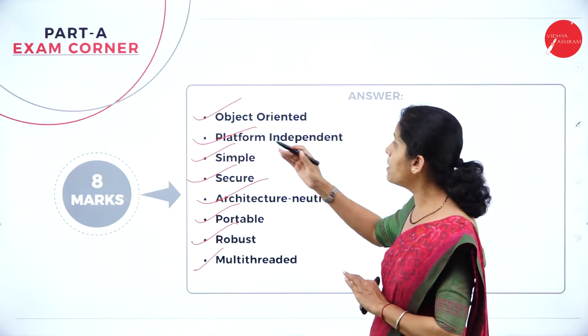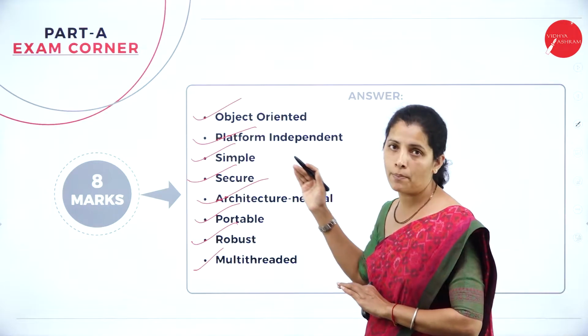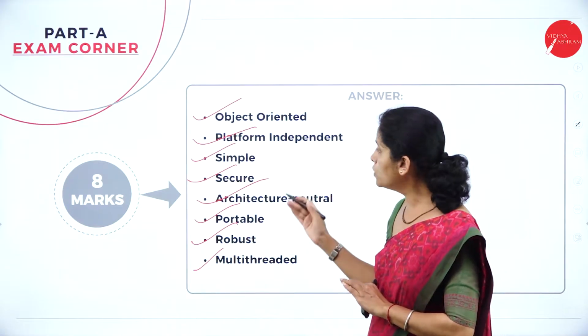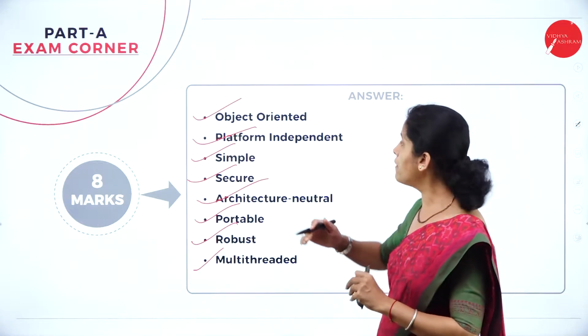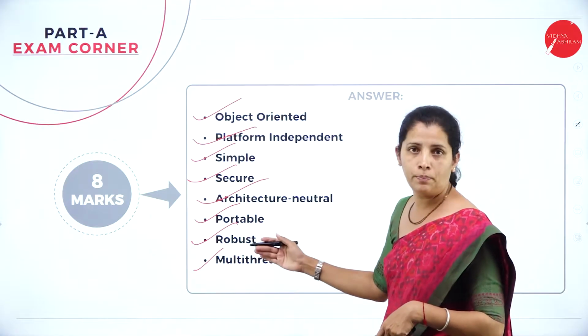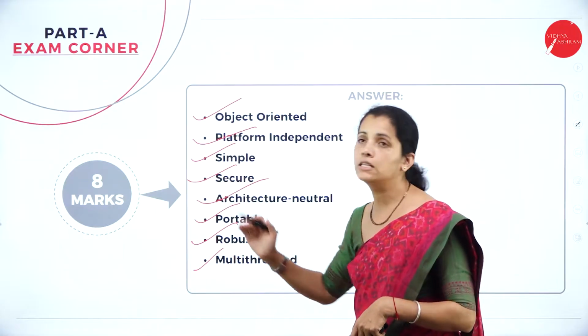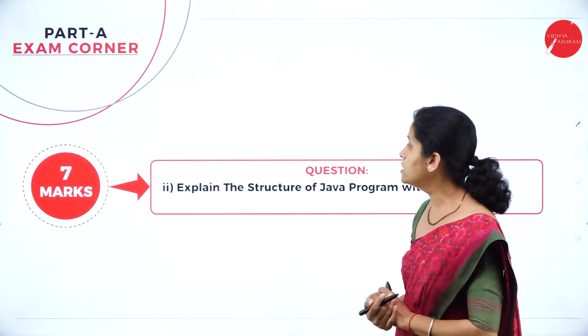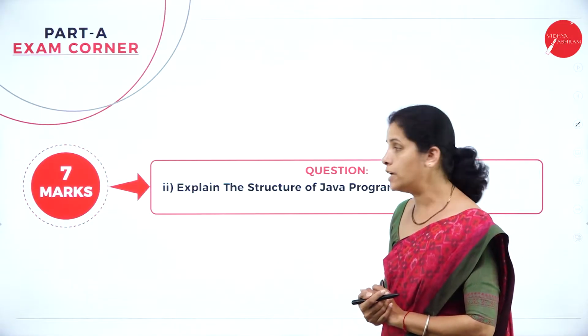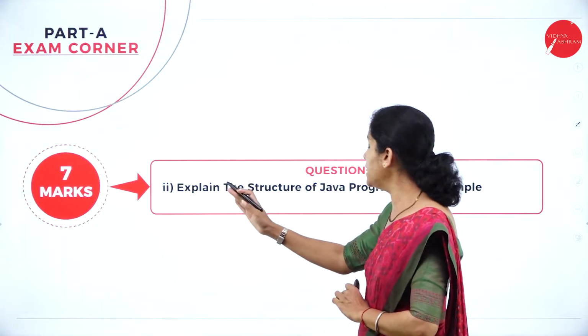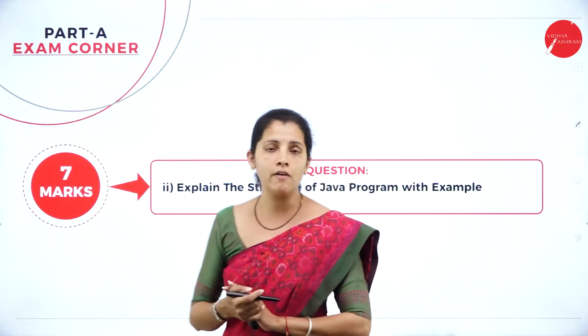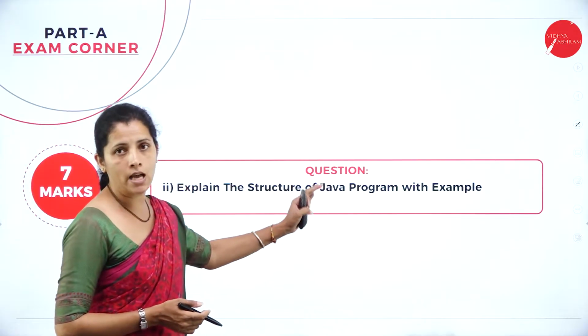So these are some of the features of Java programming. So dear student, first you have to list all the points, then you have to elaborate it because it carries 8 marks. Now dear student, I can expect a second question, that is, explain the structure of Java programming with example.